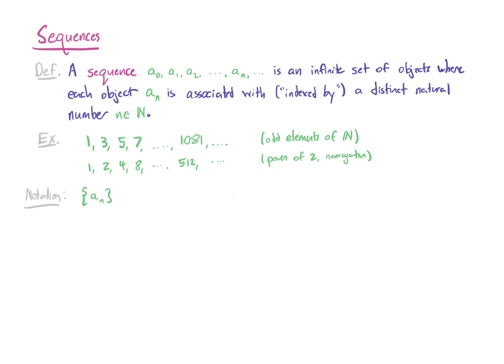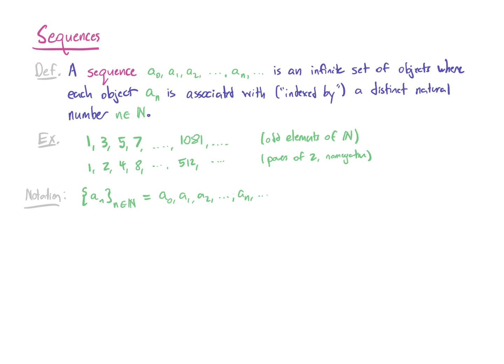We're going to put it between curly braces, and we're going to say that n ranges through all of the natural numbers. So this notation is a shorthand for writing a0, a1, a2, etc., an, etc.